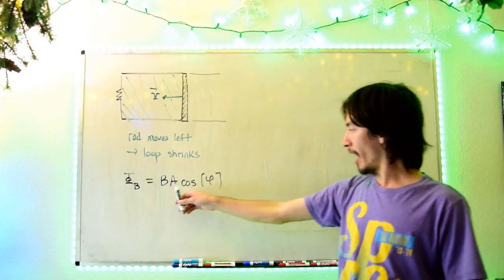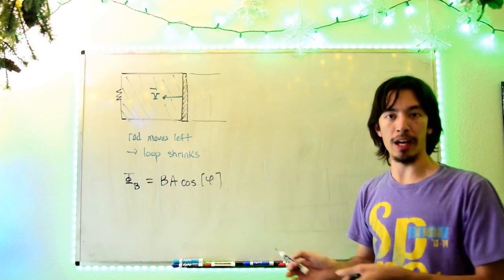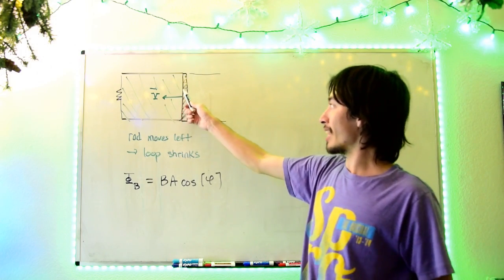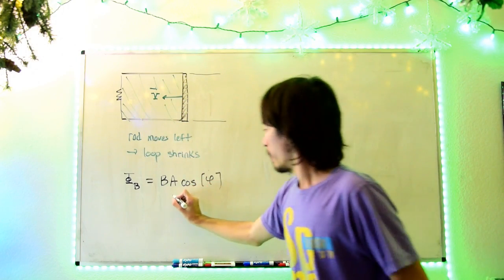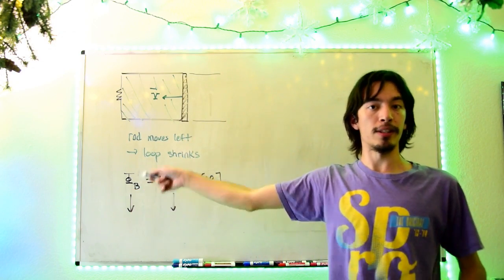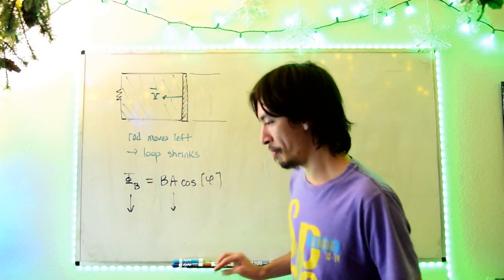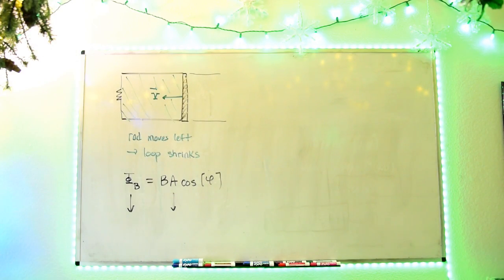If you change any of those three factors or multiple of them, then you'll change the flux. In this case, because the area is shrinking, the flux decreases. There's less area for the magnetic field to pass through. Hopefully that makes sense.